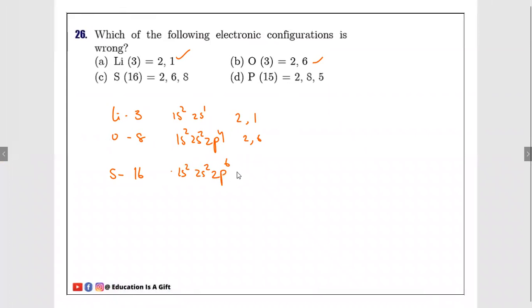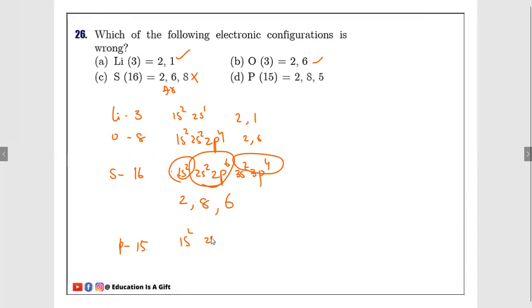Up to here it is 10. 3s2, 3p should be 4. So it is 2, 6 plus 2, it is 8; 4 plus 2, it should be 6. But here they gave 8. No, that is wrong. This is for argon. Anyhow, they asked only one. Easily we have found it. If you want, you can go with phosphorus, it is 15. So 1s2, 2s2, 2p6. Up to here it is 10.